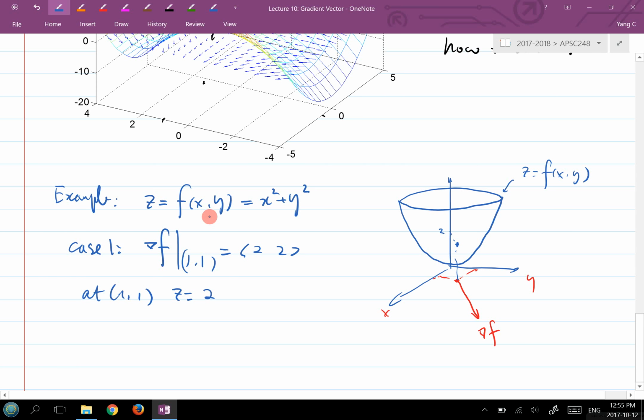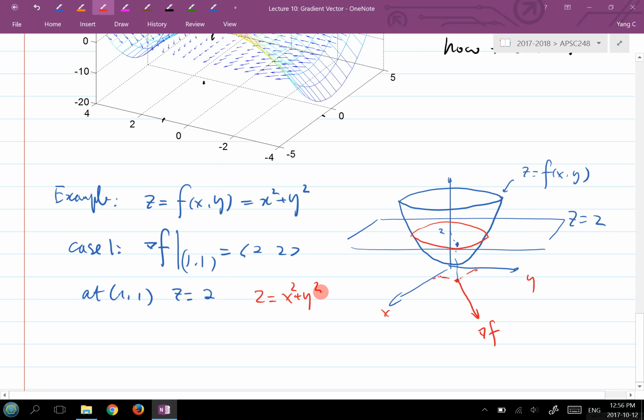In this case, at (1, 1) you have z equal to 2. If I slice this surface using the plane z equals 2, what would be generated by this slice? You would get a circle. When you plug in 2, 2 equals x squared plus y squared.